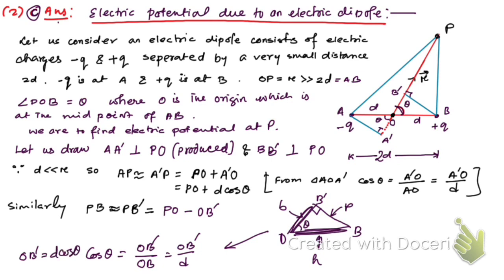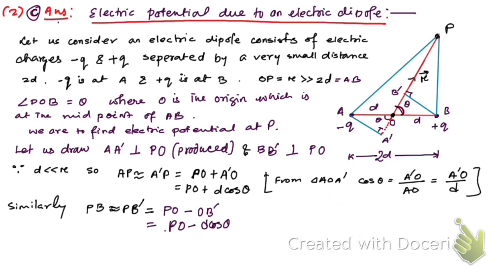That is why we can write PO minus d cos theta. Let me write here properly, PO minus d cos theta.